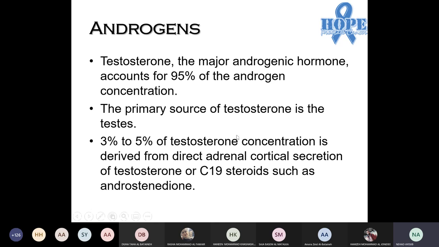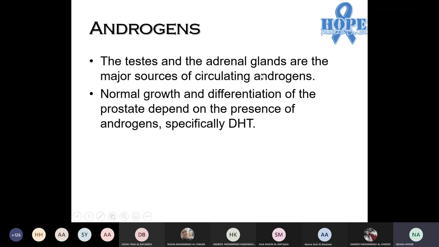Normally, about 95% of androgen in circulation comes from the gonads, from the testicular tissue. So the main source of circulating androgen is the male gonad. A very small percentage comes from the adrenal glands or other tissues.